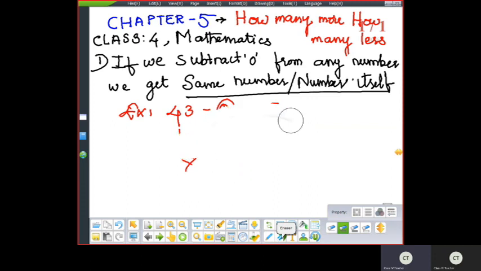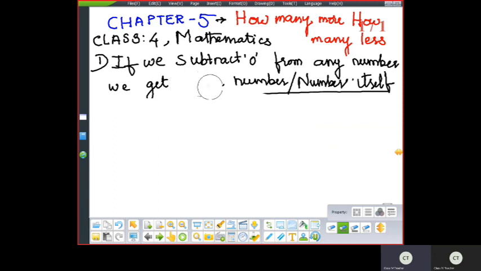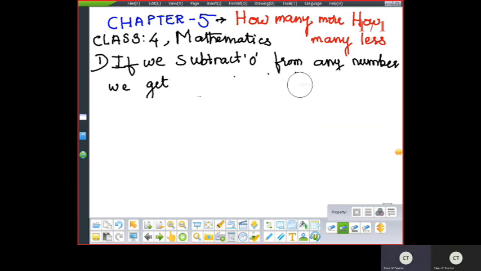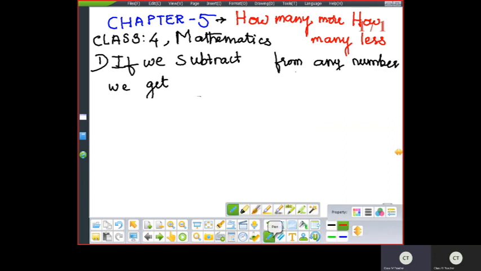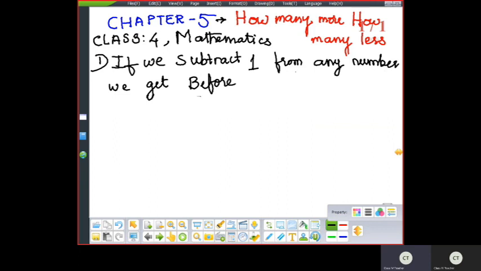This is the next property. If we subtract 1 from any number, what do we get, children? We get the before number or previous number.